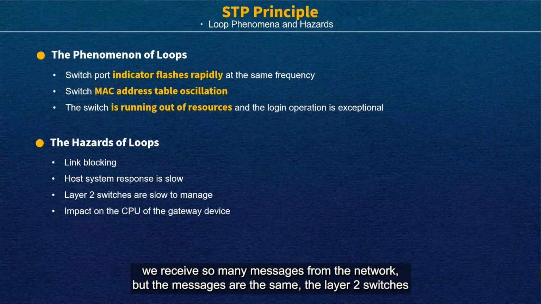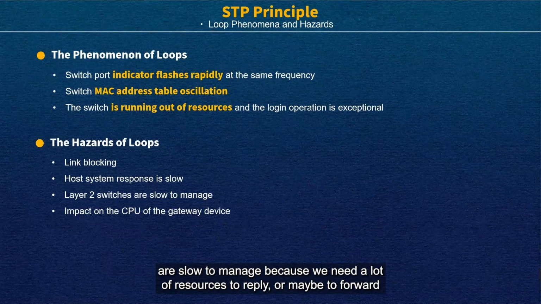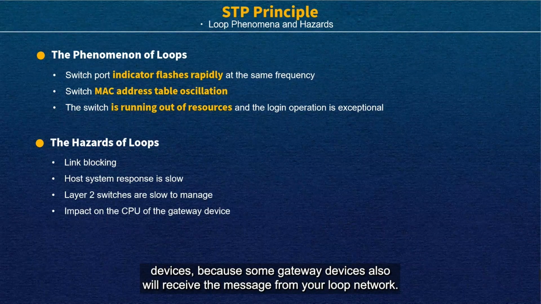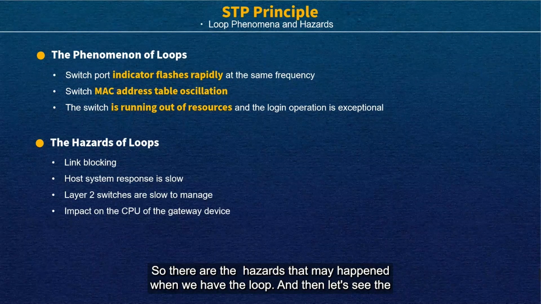The layer 2 switches are slow to manage because we need lots of resources to reply or forward the broadcast messages. The third one: there is also an impact on the CPU of the gateway devices, because some gateway devices will also receive messages from your loop network. So there are some hazards that may happen when we have a loop.